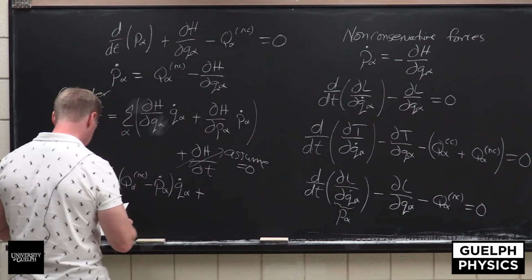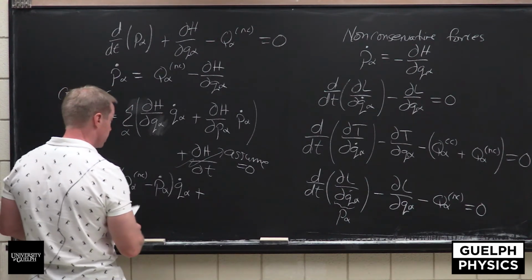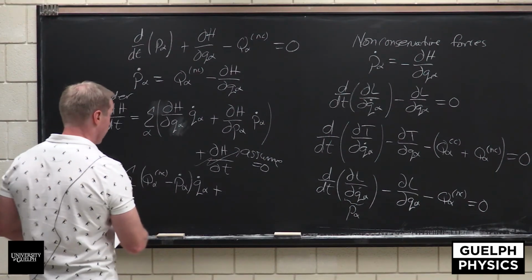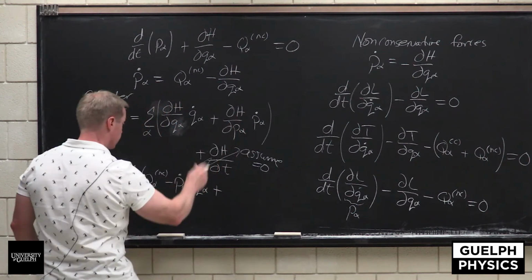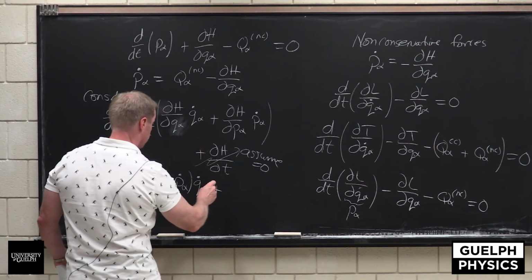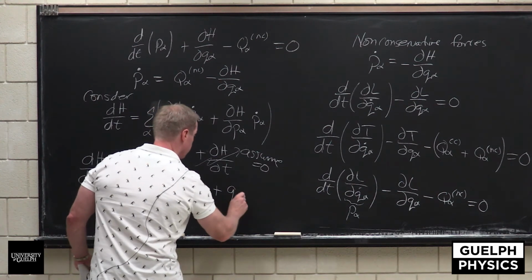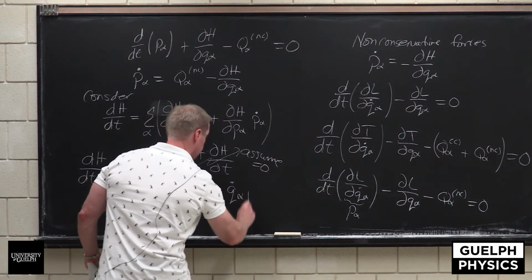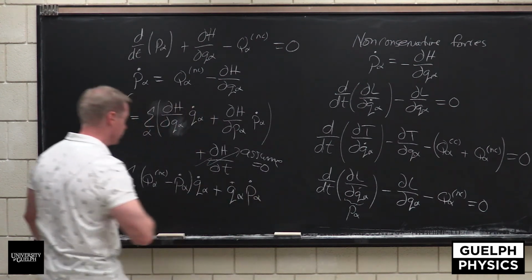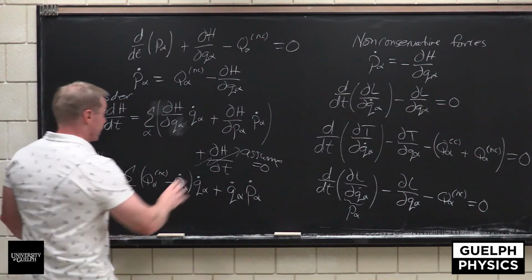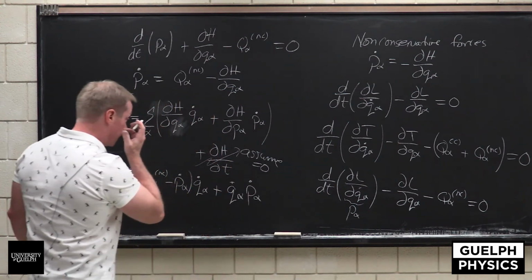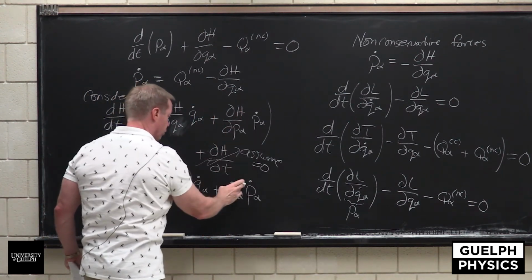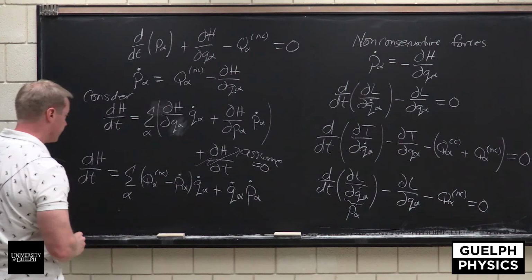But that quantity is equal to Q alpha dot, times P alpha dot. That's right. I didn't have this written down anywhere, but that's the equation of motion for the velocity.